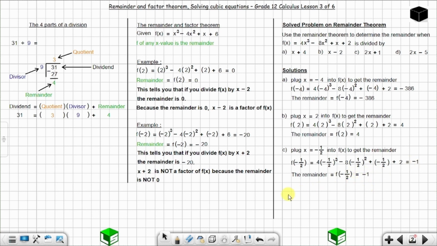Okay, now question D. Use the remainder theorem to determine the remainder when f of x is divided by 2x minus 5.